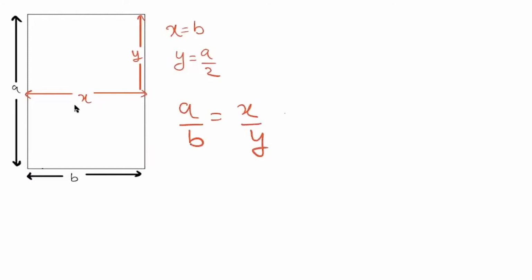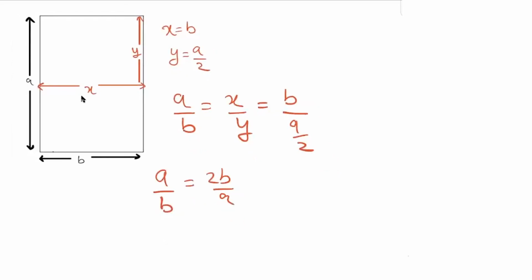Now we know X is equal to B and Y is equal to A by 2. So when I simplify this, I'm going to get A by B is equal to 2 times B by A. Now if we rearrange this, I'm going to get A square by B square is equal to 2, which implies A by B, which is the ratio of A to B, has to be root 2.